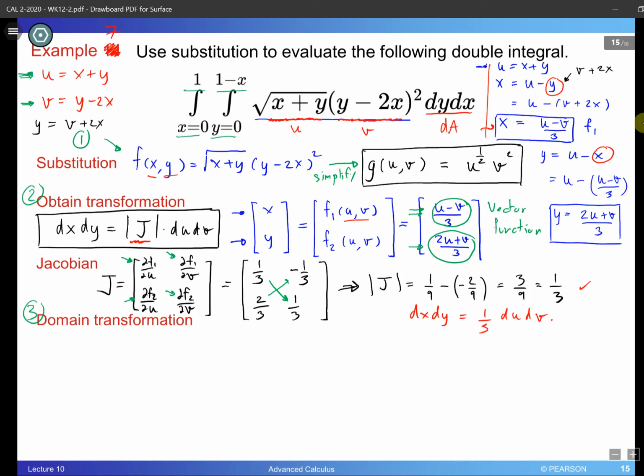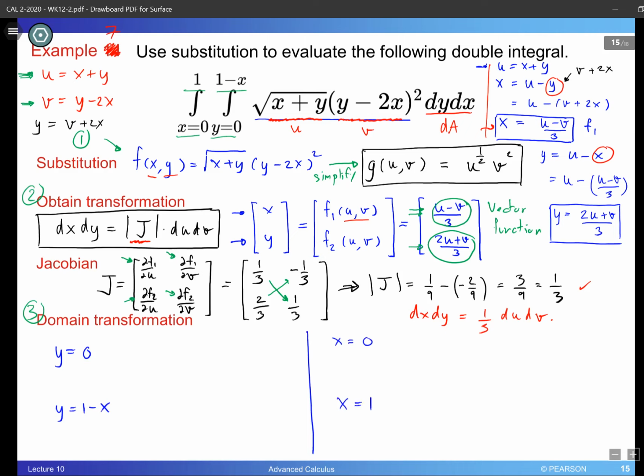Lower bound for y is going to be equal to 0. First one, y equal to 0. Upper bound for y, that is y equal to 1 minus x. And we have to work on the x variable too. Lower bound for x, x equal to 0. Upper bound for x, x equal to 1.